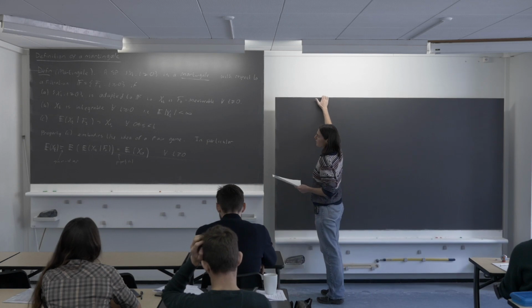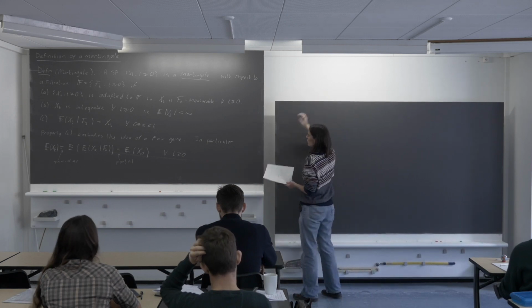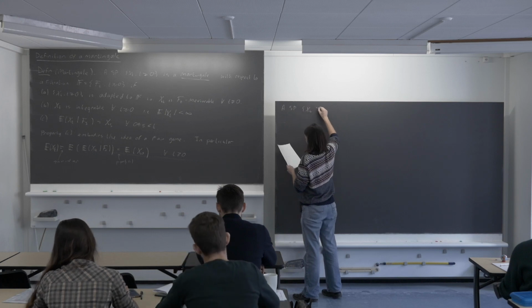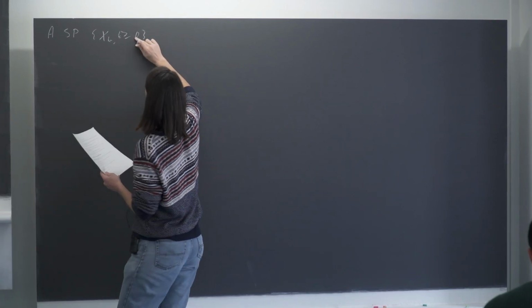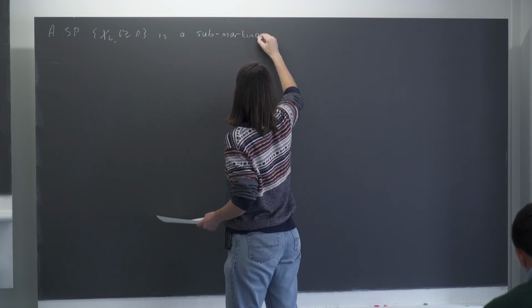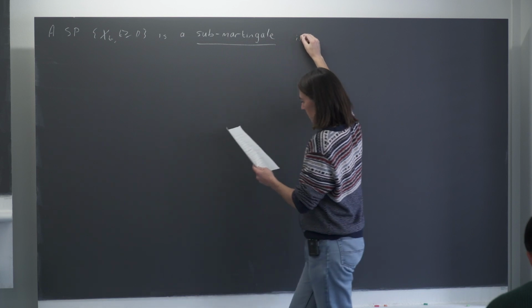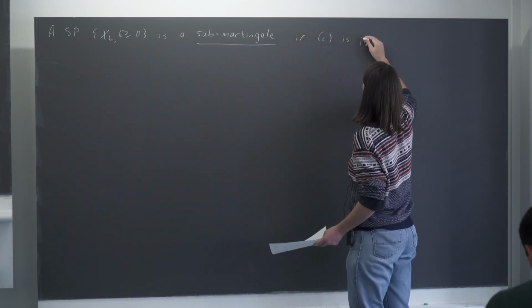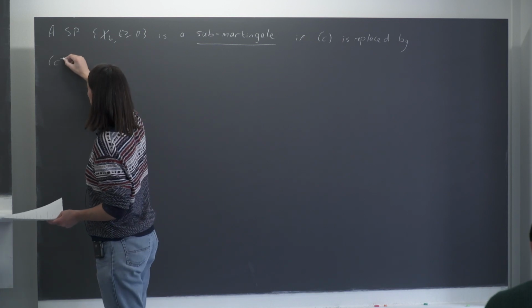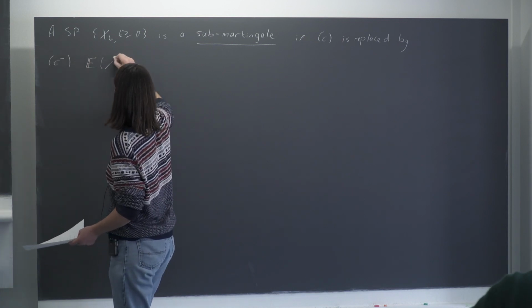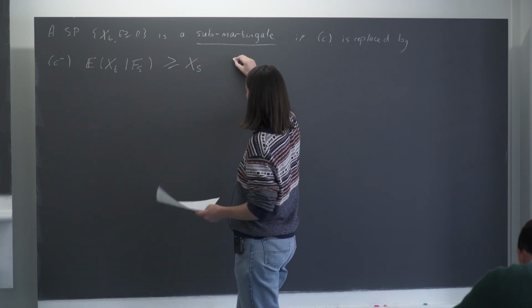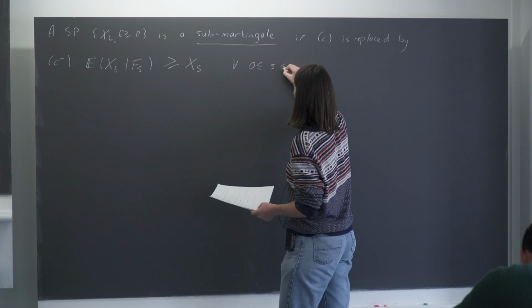Okay, we can adapt these definitions a little bit by changing the property C. So we say a stochastic process Xt, t greater than or equal to 0, is a sub-Martingale if C is replaced by, I'll call it C minus, which says that the expected value of Xt conditional on Fs is greater than or equal to Xs for all 0 less than or equal to s less than or equal to t.